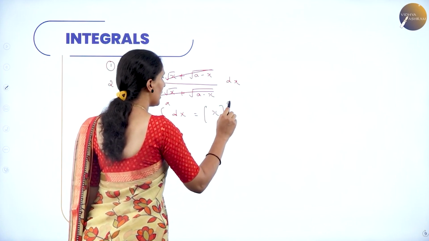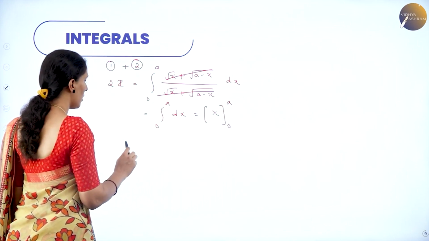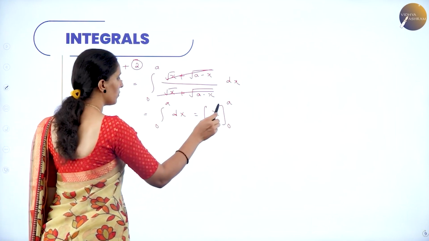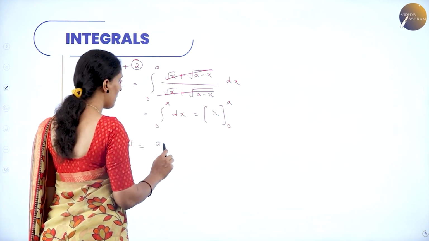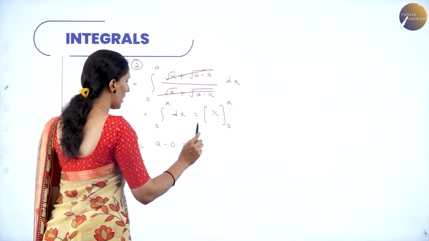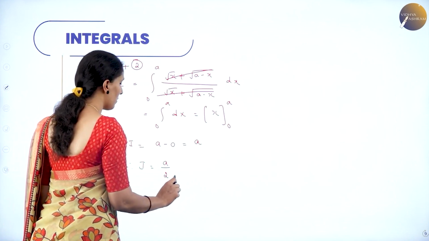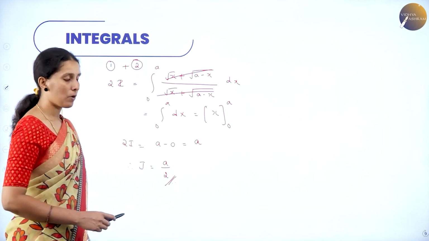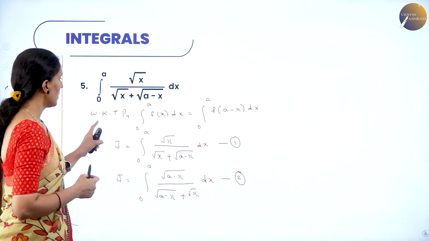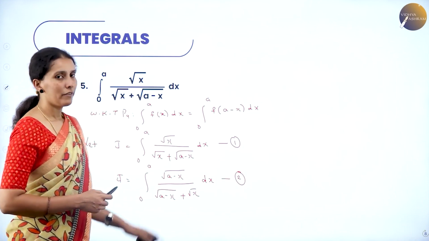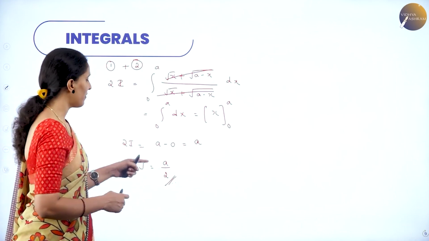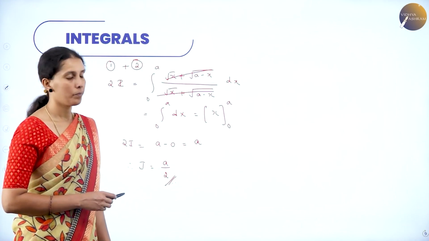Let us apply the limits 0 to a. Now 2I is equal to, if you substitute the limits, a minus 0, which is equal to a. Therefore the integral value is a divided by 2. So a very simple problem using the properties. Using property number 4, we can add the two integrals and find the value of the integral.